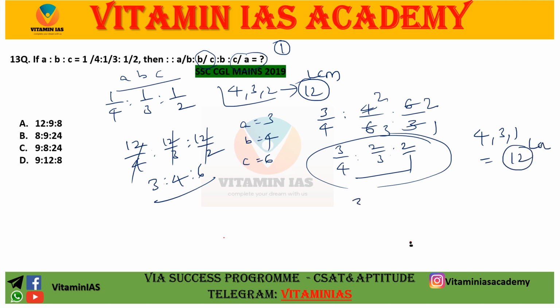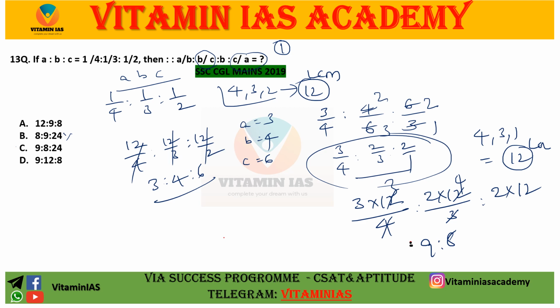So just substitute this LCM into the ratio: 3 times 3 is 9, 2 times 4 is 8, and 2 times 12 is 24. So 9 is to 8 is to 24 will be the right answer.